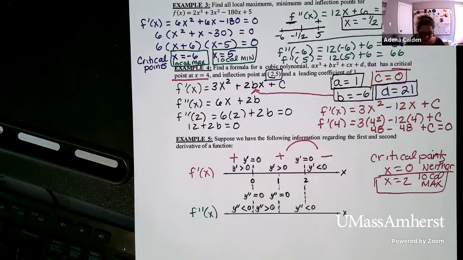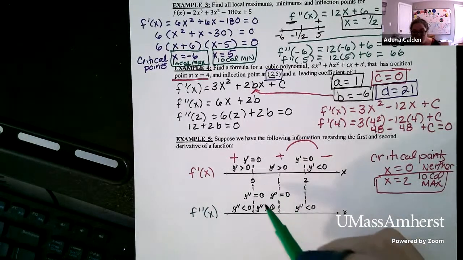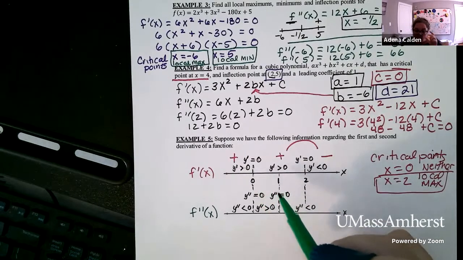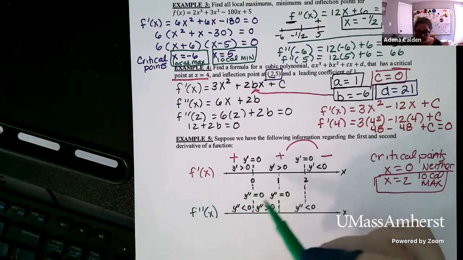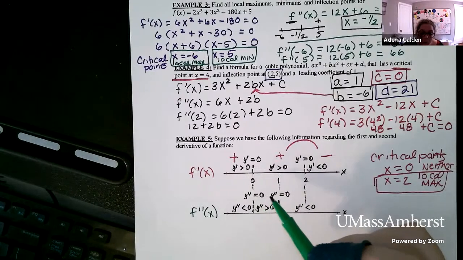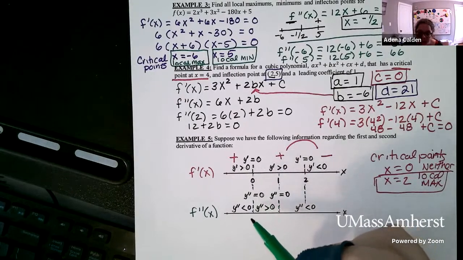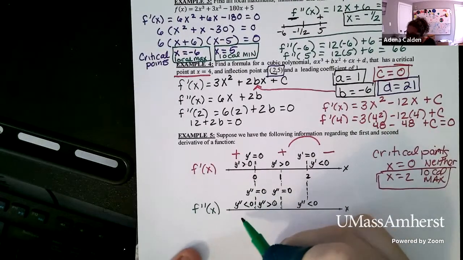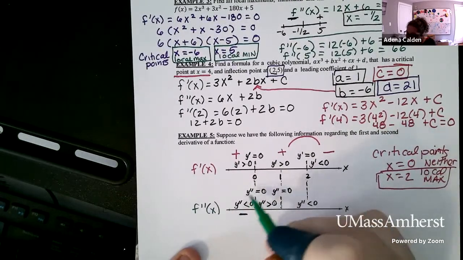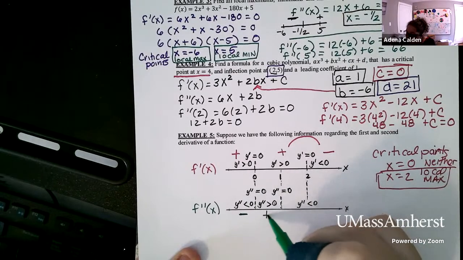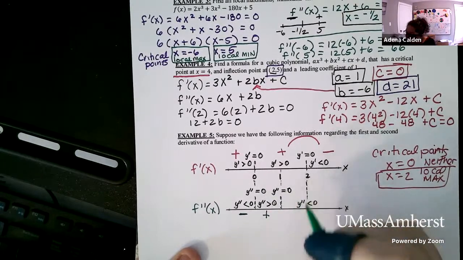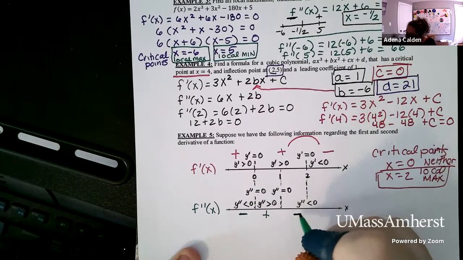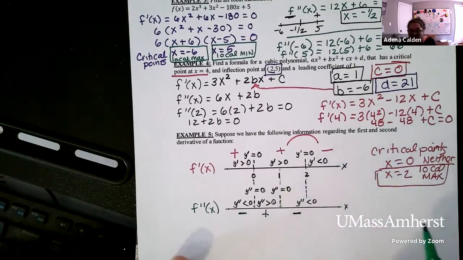Now on the second derivative, we see that the second derivative equals 0 at 0 and 1, which means at 0 or 1 we could have an inflection point. If the second derivative equals 0, we could possibly have an inflection point, but we need the sign to change. The second derivative is negative to the left of 0, positive to the right of 0, and then negative again on the other side of 1.